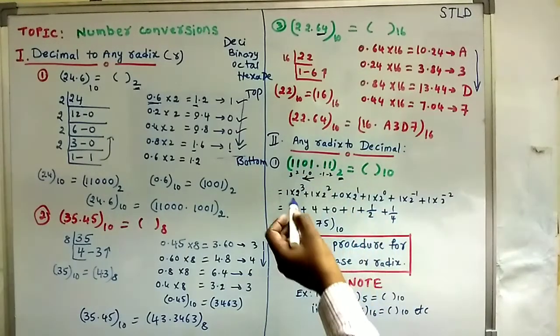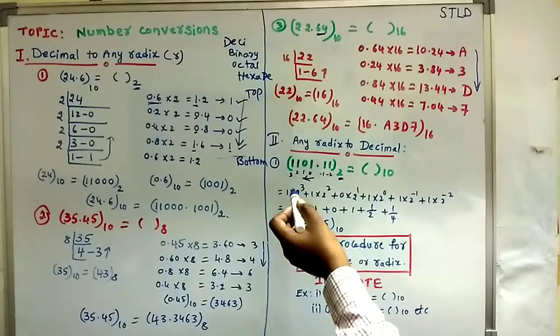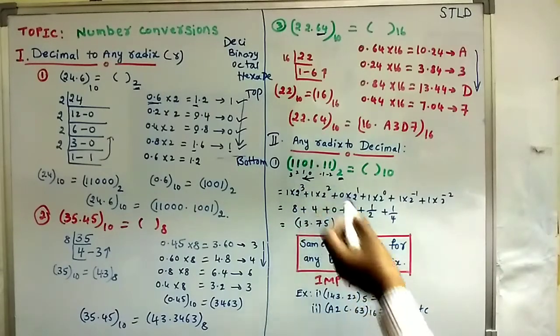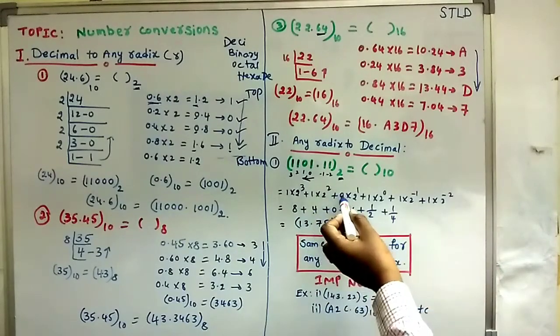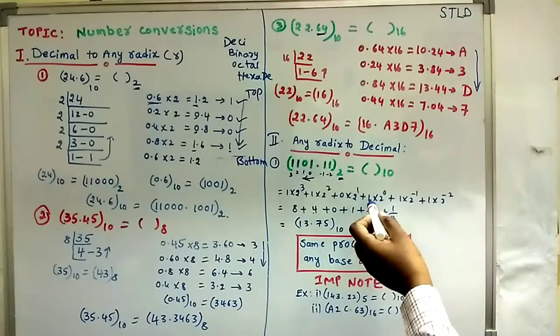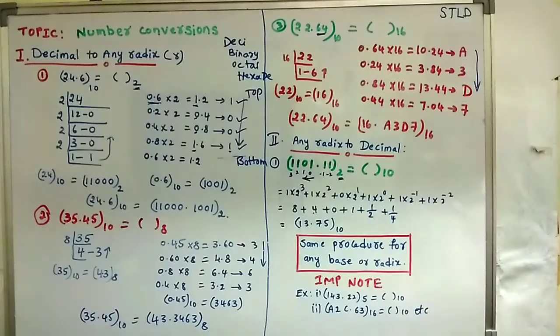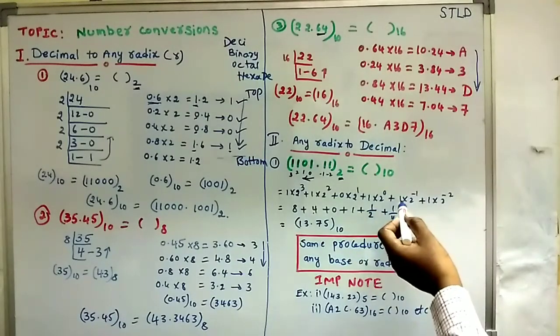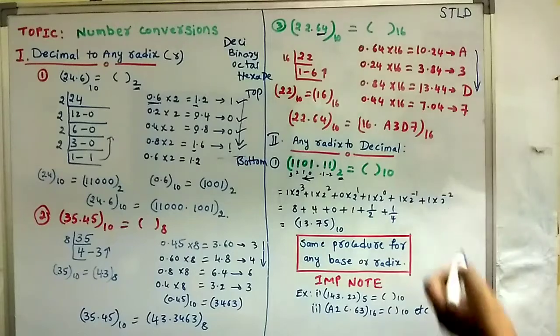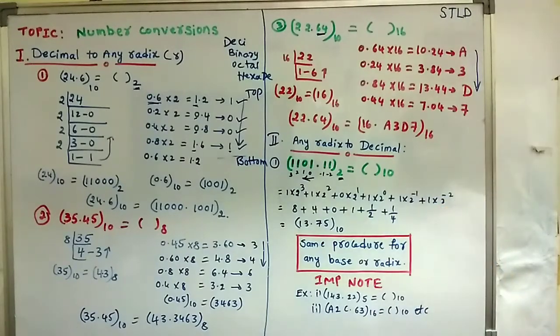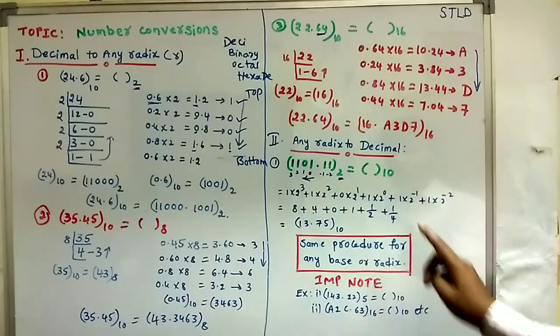Then simplify this one. 1 into 2 power 3 is 8, 1 into 8, 8, plus 2 power 2 is 4, 4 into 1, 4, plus 0 into something, 0, plus 1 into 2 power 0 is 1, 1 into 1, 1, plus 1 into 2 power minus 1 is 1 by 2, plus 2 power minus 2, which is nothing but 1 by 2 power 2, or 1 by 4 into 1, 1 by 4.